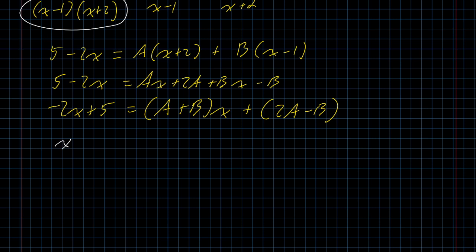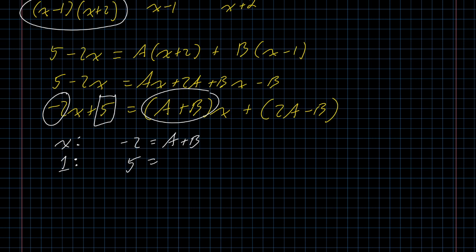So our coefficients on x, on the left-hand side, that's -2. On the right-hand side, that's a plus b. And our constants, I usually use the number 1 to represent constants in this context. On the left-hand side, that's 5. On the right-hand side, that's 2a minus b.